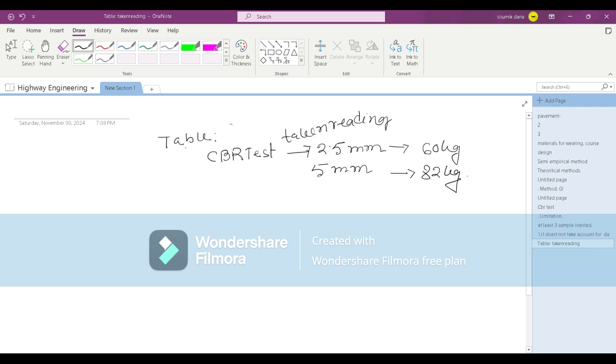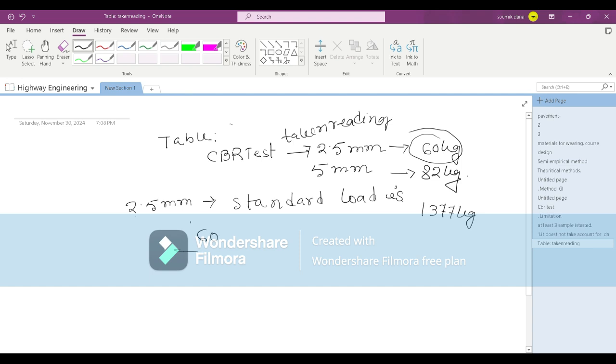Now there is a specific table. What is the CBR percentage at 60 kg? At 2.5 mm penetration, the standard load is 1377 kg.